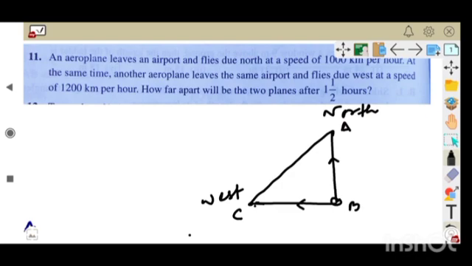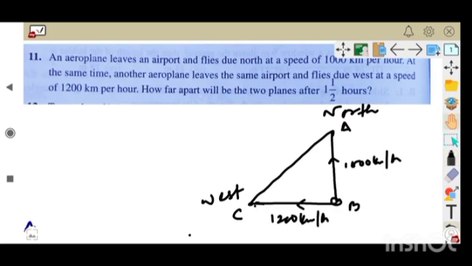And what is the speed? The speed for the aeroplane that flies due north is 1000 km per hour. And what about the west? This is 1200 km per hour.